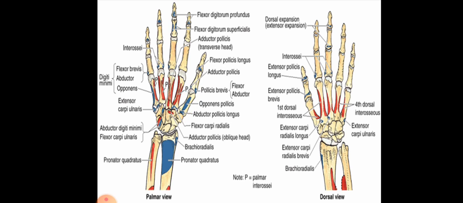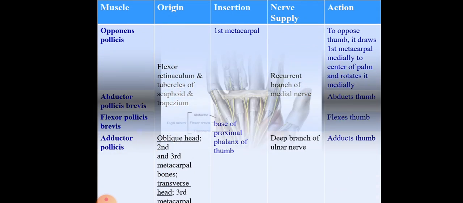Okay, nerve supply. All the muscles are supplied by the recurrent branch of the median nerve, except the adductor pollicis, which is supplied by the deep branch of the ulnar nerve.